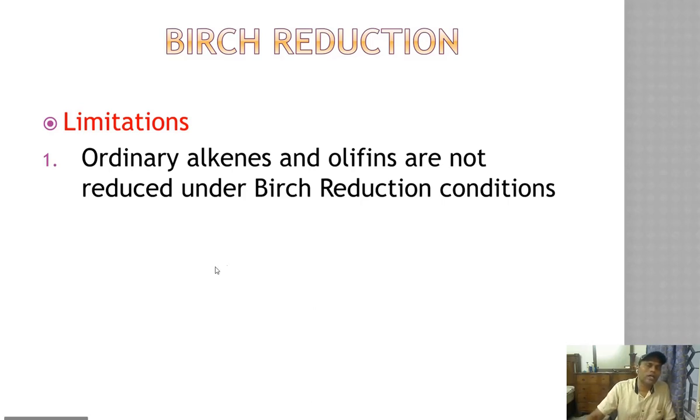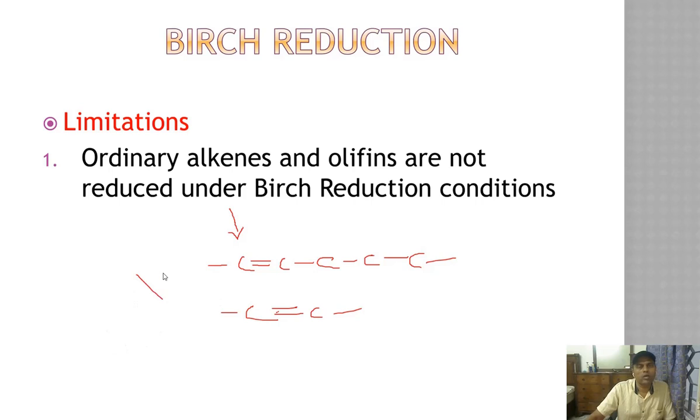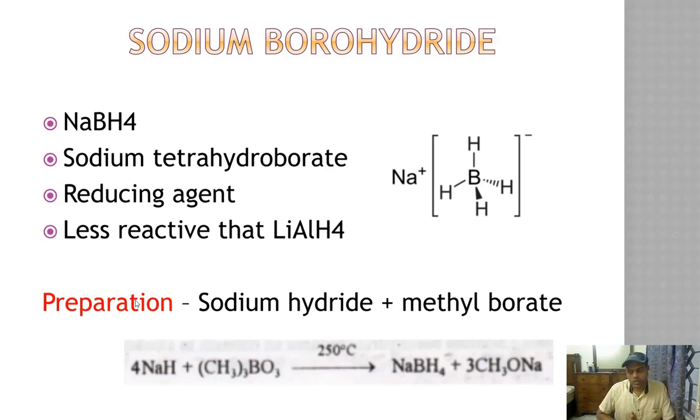The alkynes can be reduced, but just the alkene cannot be reduced. Conjugated alkenes can be reduced, but not the one which is like this. Or olefins. This is actually an olefin. This is just your, I can say, ethene, alkene, and if they are long chain with n number of carbon atoms, they are olefins. These cannot be reduced using the Birch reduction. That is about Birch reduction.